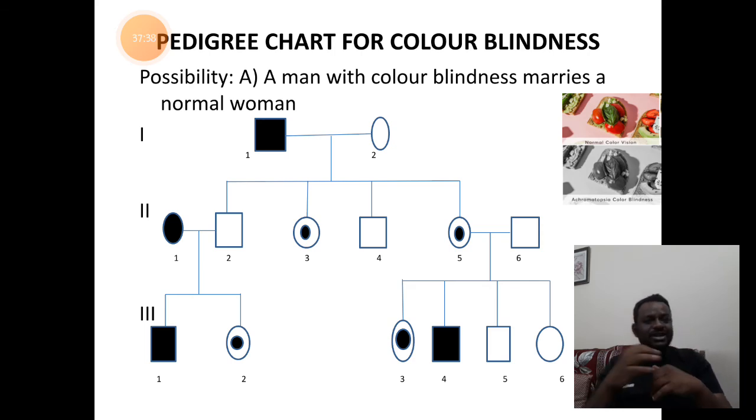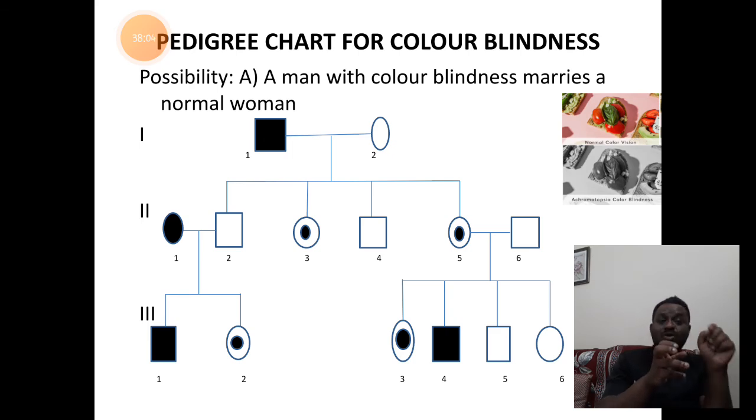In the third generation, a normal son is married to an affected female. In the second generation, showing in the third generation, a carrier female with an affected male. Whereas a carrier in the second generation, number 5, a daughter who is a carrier, is married to a normal, unaffected man, represented as 6.